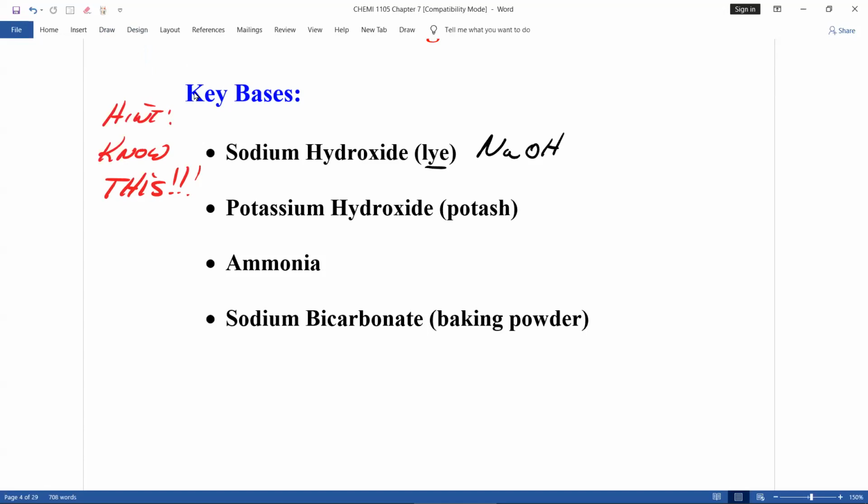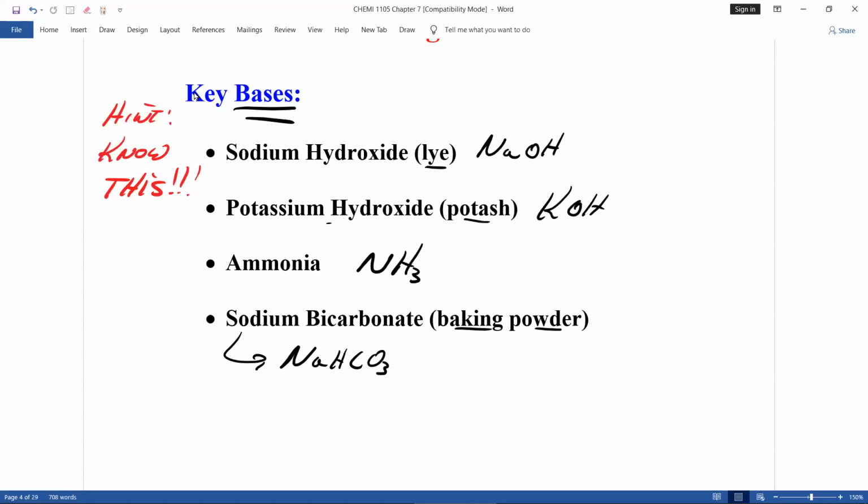Next one is potash, which is really known as potassium hydroxide. Ammonia is a very strong base. And one that I'd like you to know, baking powder, is sodium bicarbonate. I'll never ask you the names, but you should know these 4 are bases.